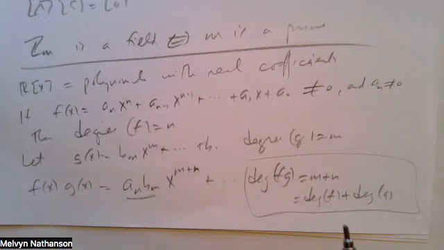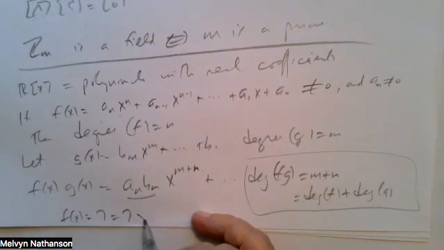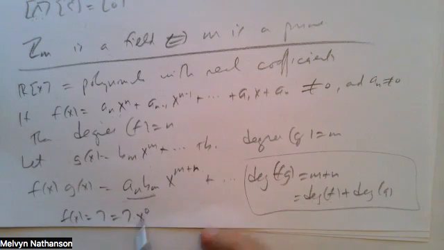If you multiply by the zero polynomial, you get 0, and the degree of the zero polynomial, we say, is undefined. If you have a non-zero constant, like the polynomial f of x equals 7, that has degree 0, because f of x equals 7 is like 7 times x to the 0. But for f equal to 0 the degree is undefined.